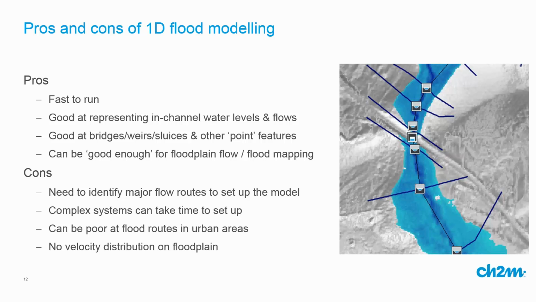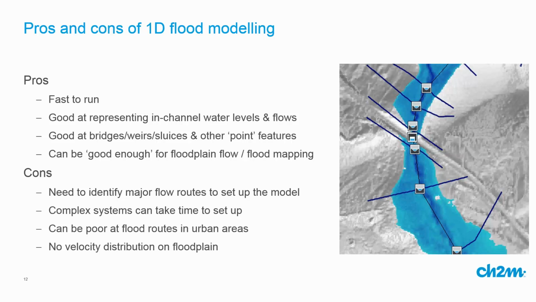Or if you're running a few hours hydrograph, it's running in seconds or minutes. Fast to run. It is good at representing in-channel water levels and flows. It's good at representing things like bridges and weirs and other point features, and it can be good enough for representing the floodplain, calculating the maximum flood extents. It can be a good enough approach for that.